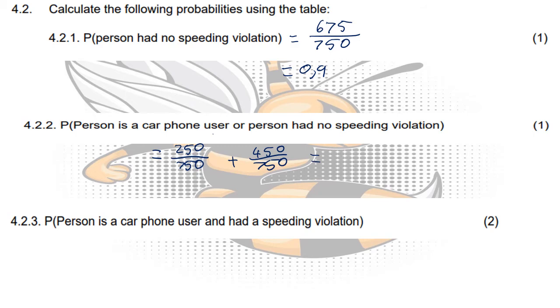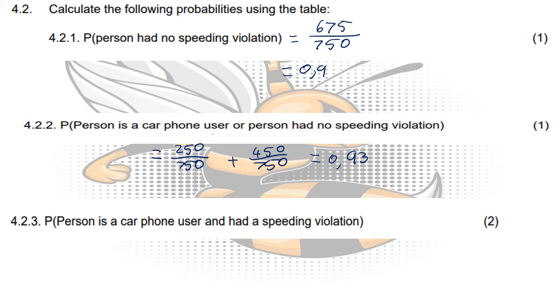That gives us a total probability of 0.93, so about a 93% chance of picking a person who used the car phone or that had no speeding violation.